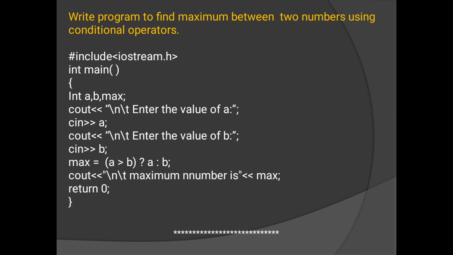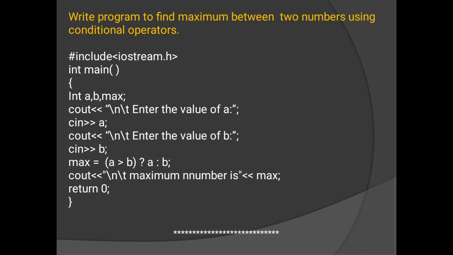Within the parenthesis, a is greater than b is a relational expression. The question mark tests that condition, and then a colon b is something like if else. If a is greater than b, then the a value will be displayed.